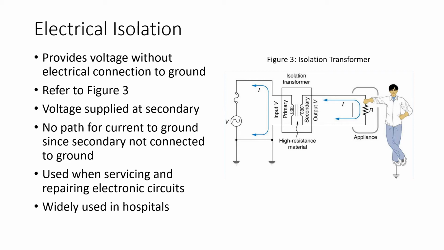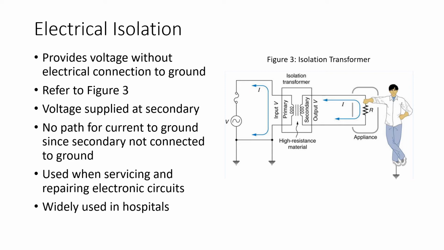But note that the secondary voltage does not have a connection back to ground. And what this does is it provides electrical safety for someone that comes in contact with the secondary winding, in that there is no voltage difference between the secondary winding and ground.